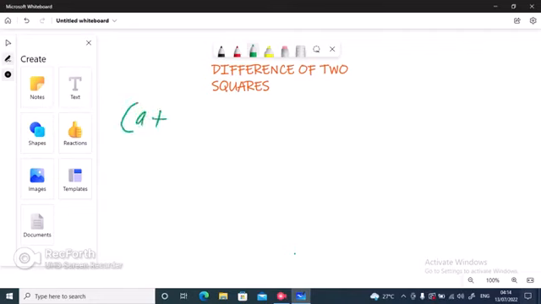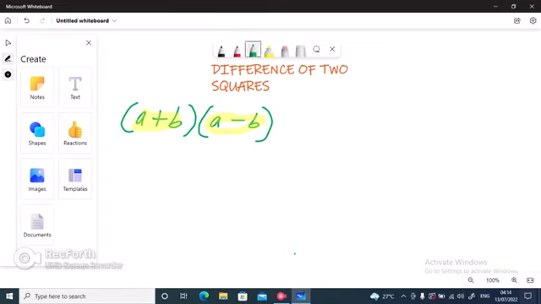That is our A plus our B multiplied by our A minus our B. Everything here will multiply by this. So everything there will multiply by this. So let's see what we can do.